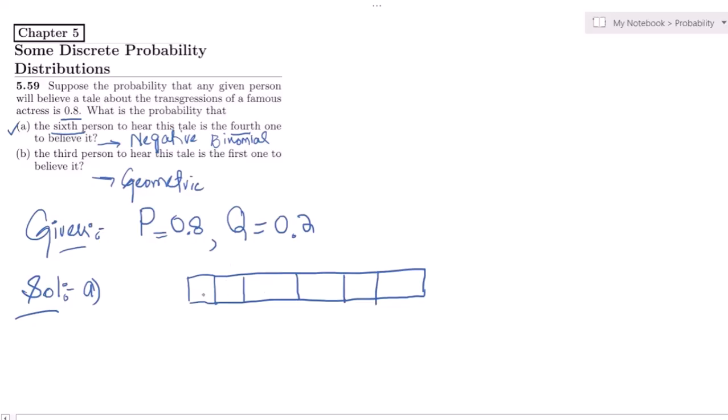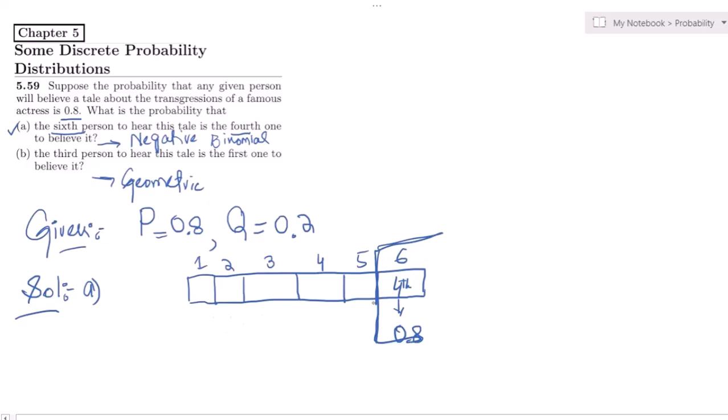This is the 1st, 2nd, 3rd, 4th, 5th, 6th. Here this is the 4th person who will believe it, so this is the fourth person who has the probability of 0.8.